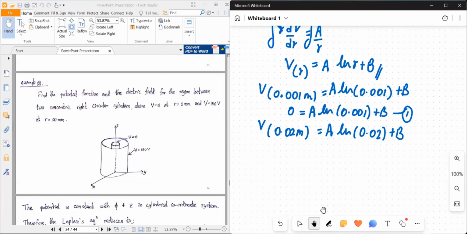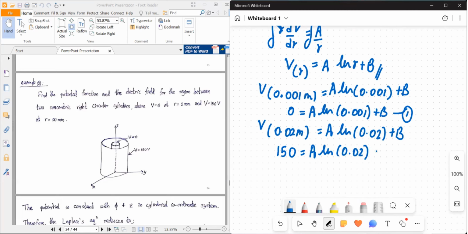So here the potential is equal to 150, which is A times ln 0.02 plus B. Now we have two equations and two unknown variables. By solving these two equations, we can determine what A and B are.